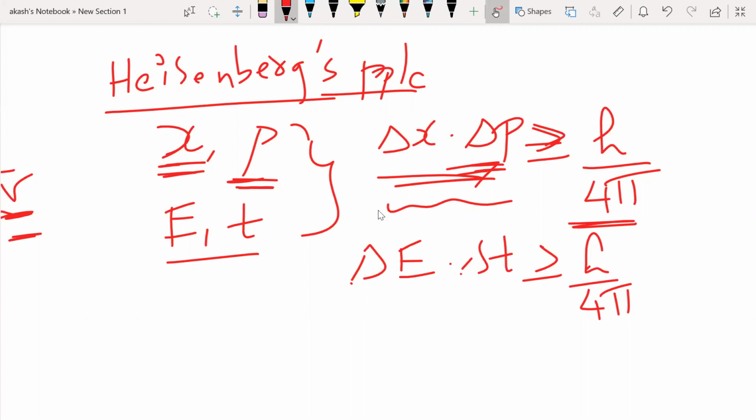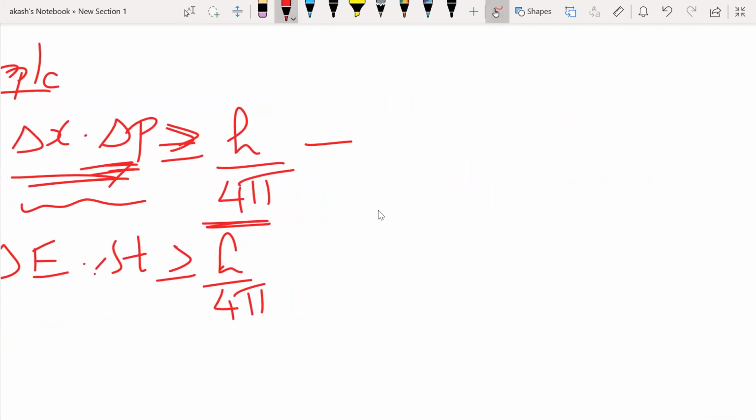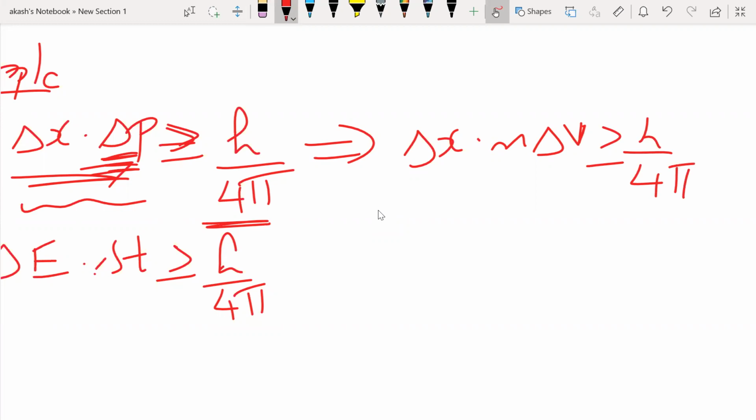This equation I can rewrite this way: Δx stays as it is, and Δp I can write as mΔv, because mass is not going to change unless you go for Einstein's theory of relativity, which we will see later. So Δx·mΔv will be greater than or equal to h/4π.